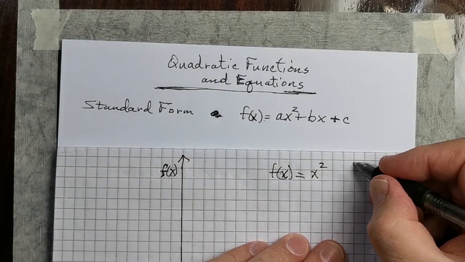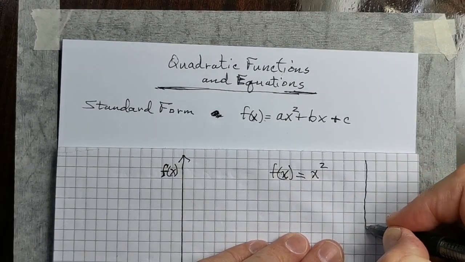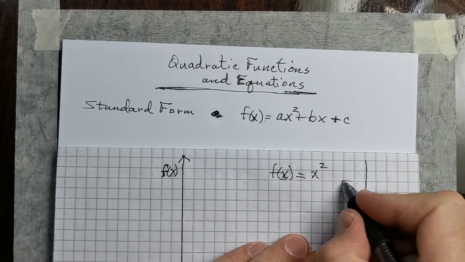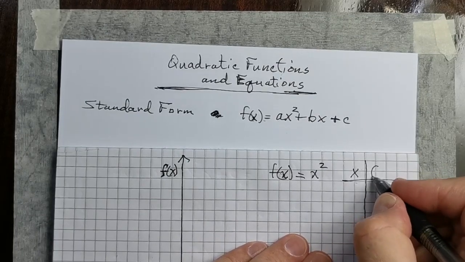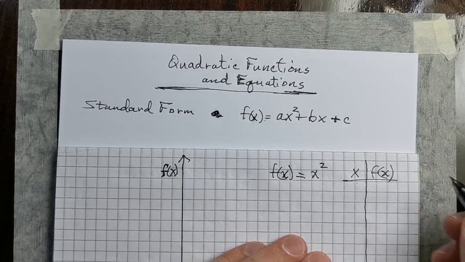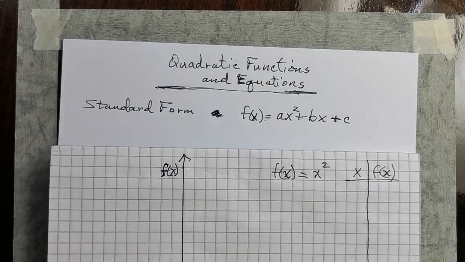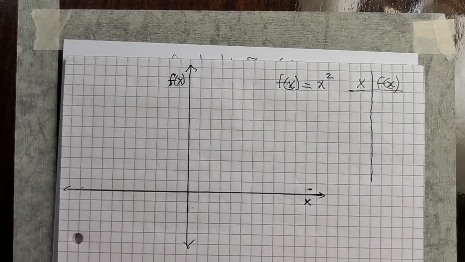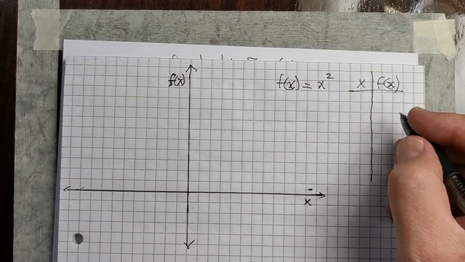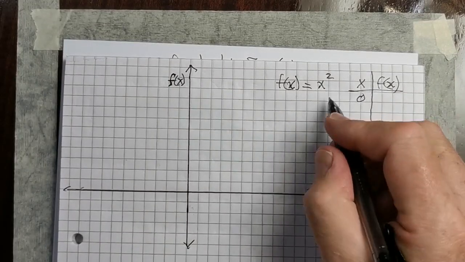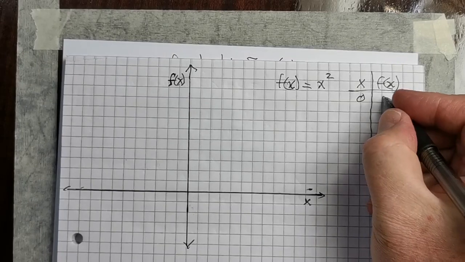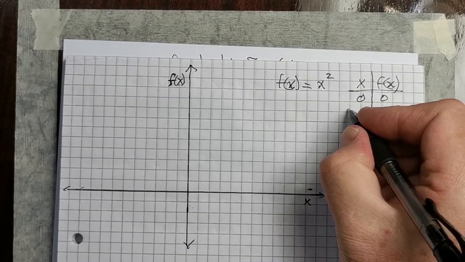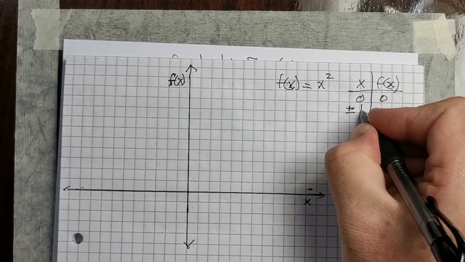And let's make ourselves a little table of x and f of x. So here we go, x and f of x for f of x equals x squared. Let's put in 0. 0 for x, 0 squared is of course 0. It turns out that I can put in either positive or negative 1.